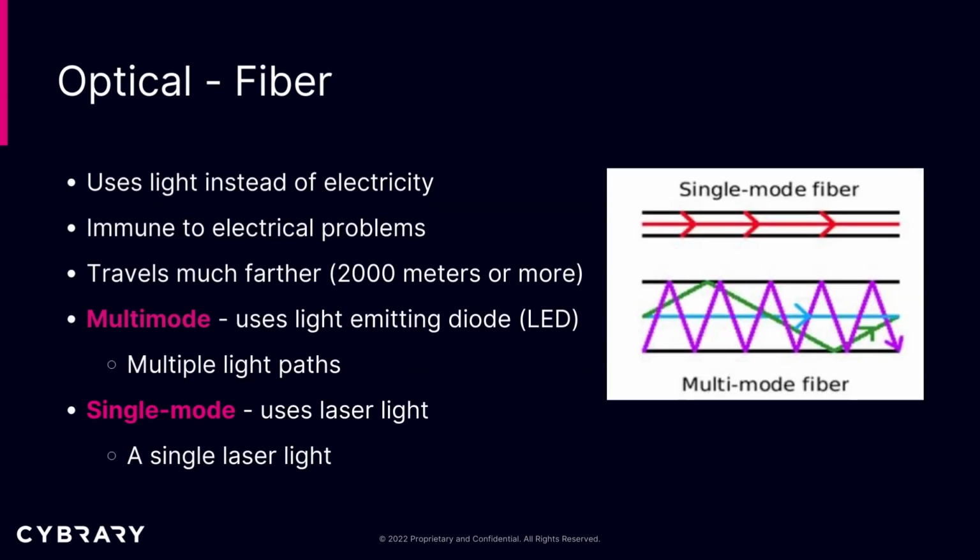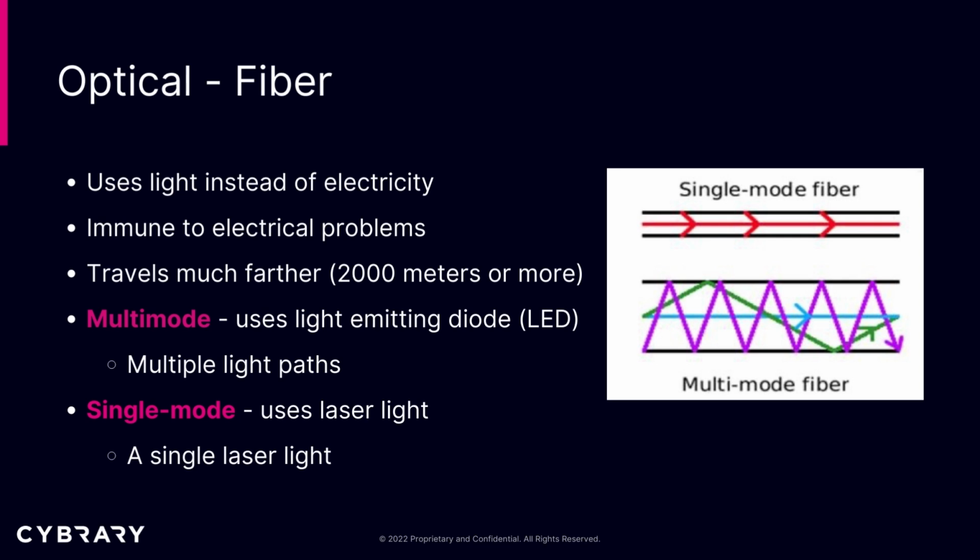And the last type of cabling we're going to discuss is the fiber optic cable. Now, again, fiber optic is a little bit different from the other cables because it uses light instead of electricity through a copper wire. It's immune to electrical problems and it travels much further, up to 2,000 meters or more. And there are different types.